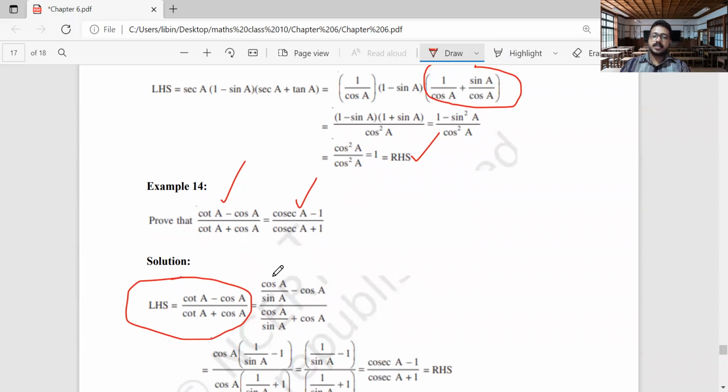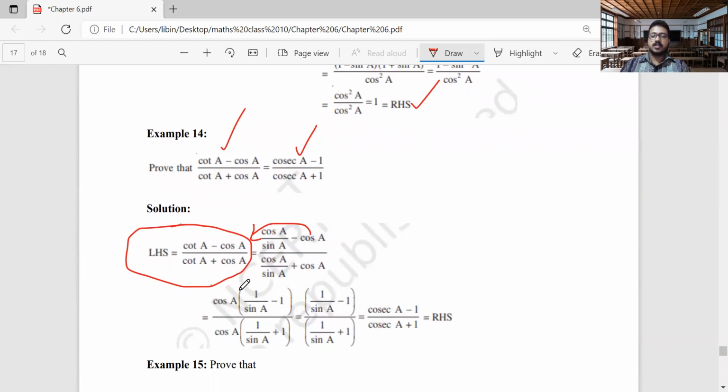Now we are taking this cos a common outside. Clear? So we will be getting cos a into 1 by sin a, cos a is taken outside, so it will be remaining as minus 1. The whole divided by, again taking cos a outside, 1 by sin a plus 1. So this cos a gets cancelled. What is remaining? 1 by sin a minus 1 the whole divided by 1 by sin a plus 1.